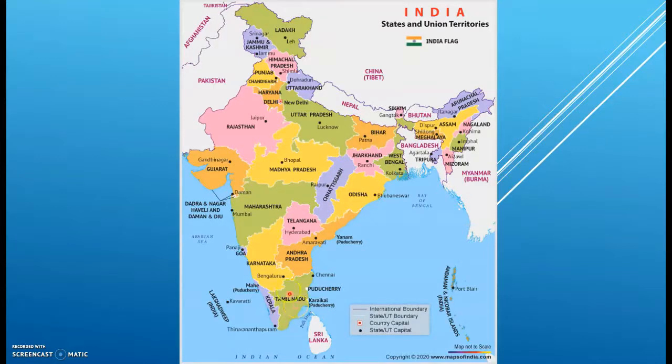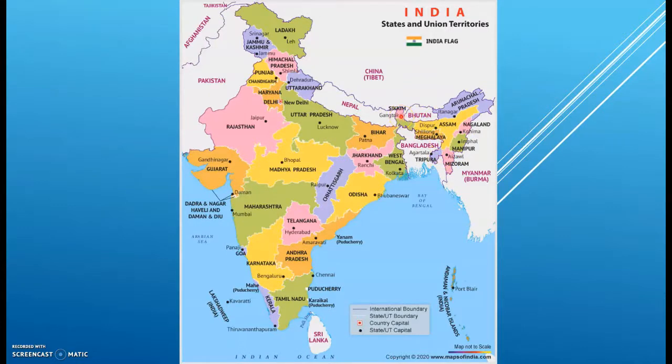Kerala, Tamil Nadu, Karnataka, Andhra Pradesh, Goa, Telangana, Maharashtra, Gujarat, Madhya Pradesh, Chhattisgarh, Odisha, West Bengal, Jharkhand, Bihar, Uttar Pradesh, Rajasthan, Haryana, Punjab, Uttarakhand, Himachal Pradesh, then Seven Sisters, Arunachal Pradesh, Assam, Nagaland, Manipur, Mizoram, Tripura, and Meghalaya.